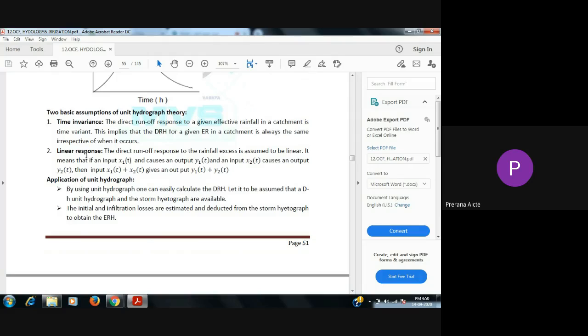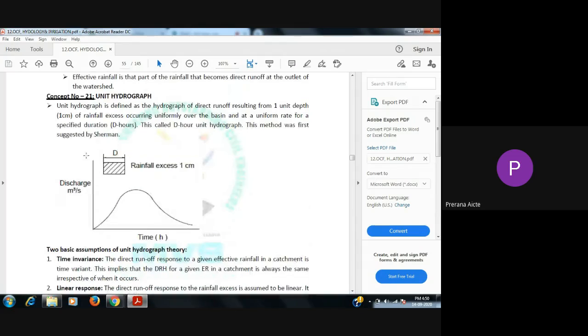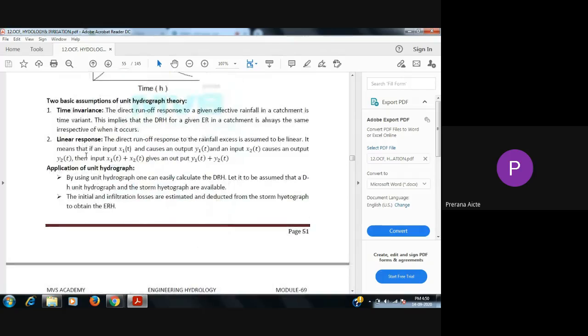Now, the applications of the unit hydrograph. What is a unit hydrograph? It's a direct runoff hydrograph resulting from 1 centimeter of effective rainfall in a specified unit duration. What is the use of drawing this hydrograph? Using the unit hydrograph, one can easily calculate the direct runoff hydrograph.